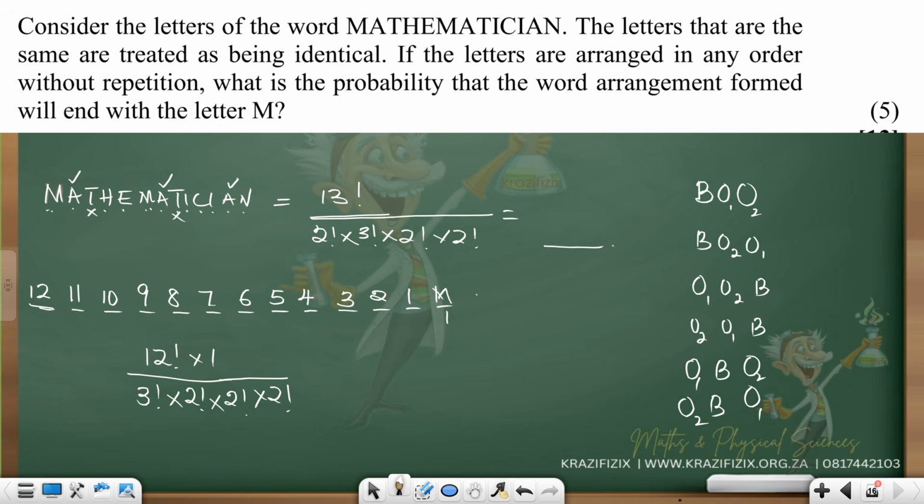But if they are identical, then this should go because I already have this. If this stays, which one should go? This. If this stays, this one should go. So how many arrangements? 3. Let's do it mathematically. How many letters do we have? 3 factorial. How many O's? 2, which is 2 factorial. If you do that, it will give you 3. That's why we divide to take care of identical what? Letters. I hope it makes sense. Let me know if it makes sense to everybody.